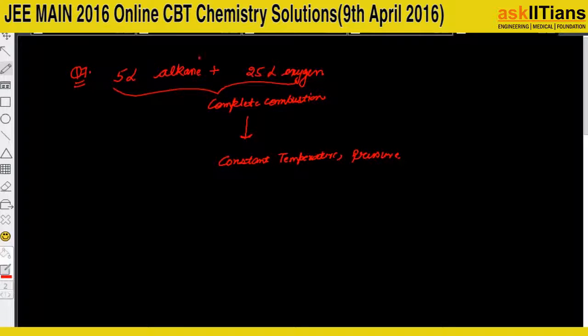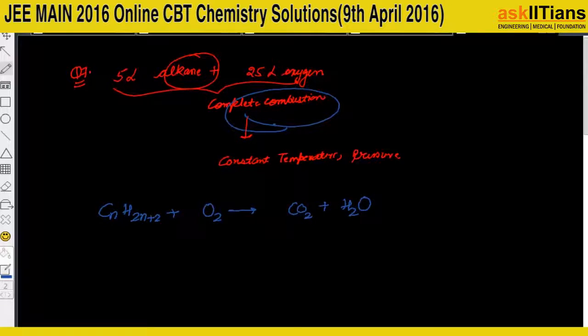Now since he is talking about alkane, I can write the general formula of alkane as CnH2n+2, combining with oxygen to form carbon dioxide and water, because he has referred to complete combustion.